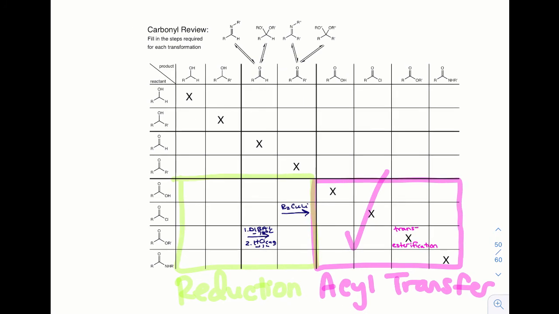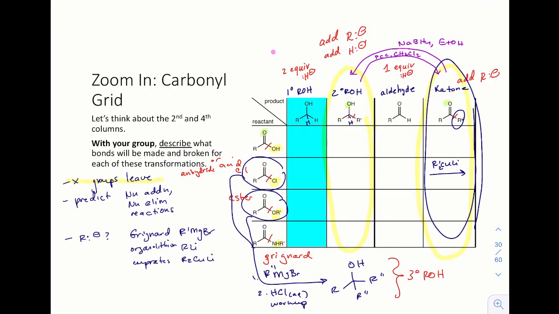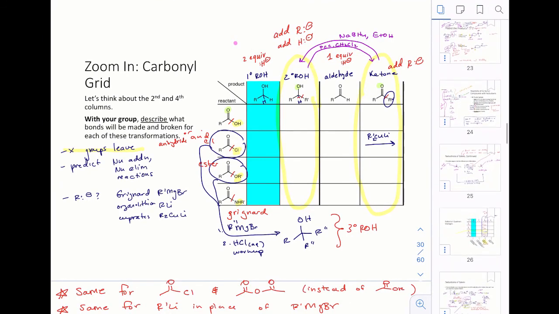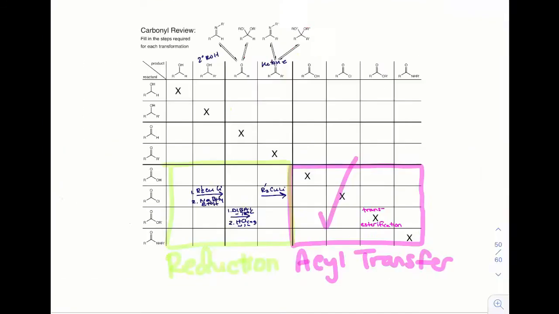That's going to be pretty useful for both the ketone column and the secondary alcohol column, because ketones, as we said, can be reduced to secondary alcohols. So if you can make the ketone from the acid chloride, you can also make the secondary alcohol from the acid chloride.